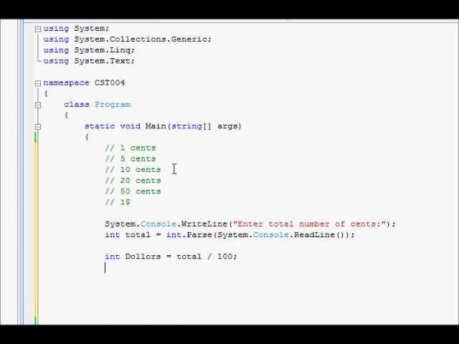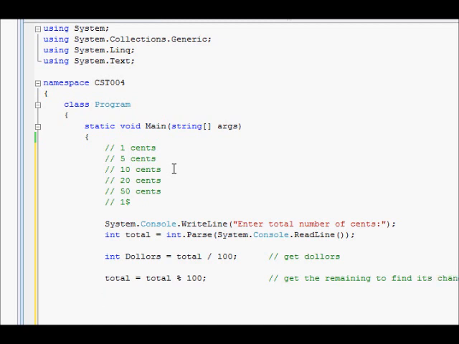This will get you the number of dollars. Now we need to work on the remaining, so now we would say total equals total modulus 100. So this will get us the remaining, the exchange after getting the dollars.